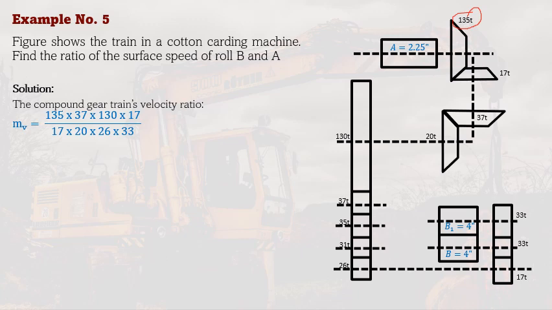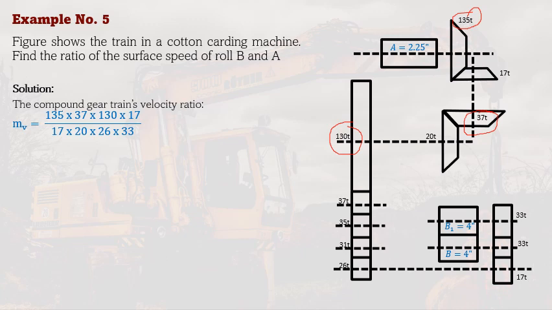Then we have another driver here, the 37, driving the 20, and then it is coupled to 130, which drives all of these gears here to come up with 26.